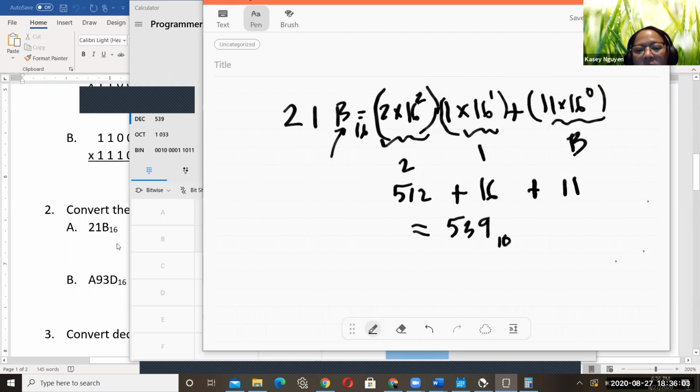Now, sometimes some people would convert it. It's easier probably for some people to convert it to binary and then to decimal, sure, you can do that as well. But this is one way.